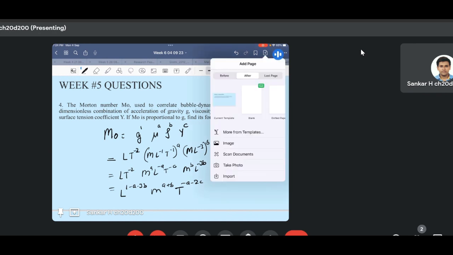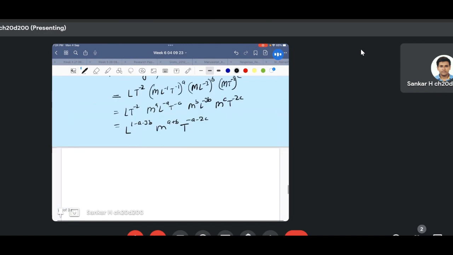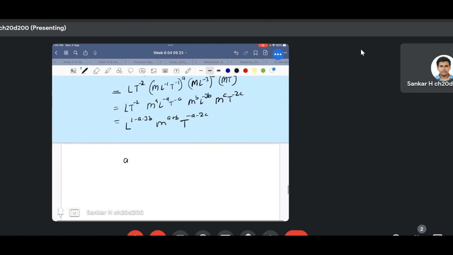Therefore, we need to solve a set of equations now. We have three equations: A plus 3B should be equal to 1, A plus B plus C should be equal to 0, and A plus 2C should be equal to minus 2.